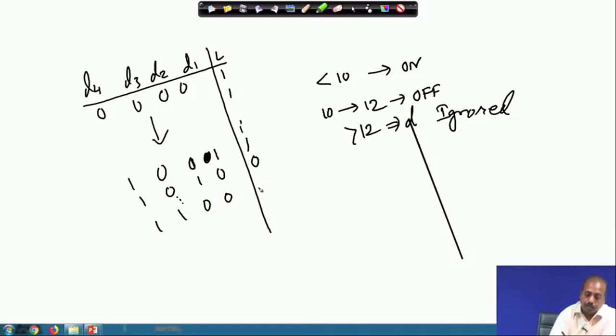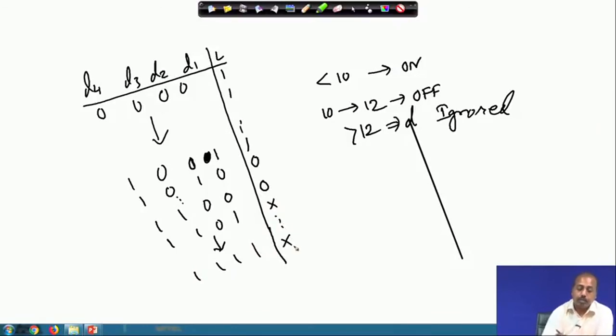From 1 0 1 0 to 1 1 0 0, the light value should be off, but from 1 1 0 1 to 1 1 1 1, in this region the light value is undefined, so they are all don't cares. This way we can introduce a problem statement such that there are don't cares, and if don't cares are there, we can exploit them in the minimization process.